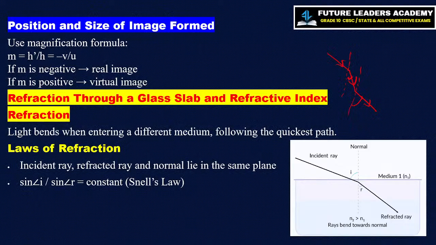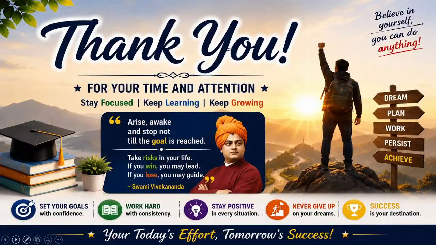This is exactly how refraction takes place from rarer to denser and denser to rarer. So it bends towards the normal and away from the normal. Got it? Yes. Next.